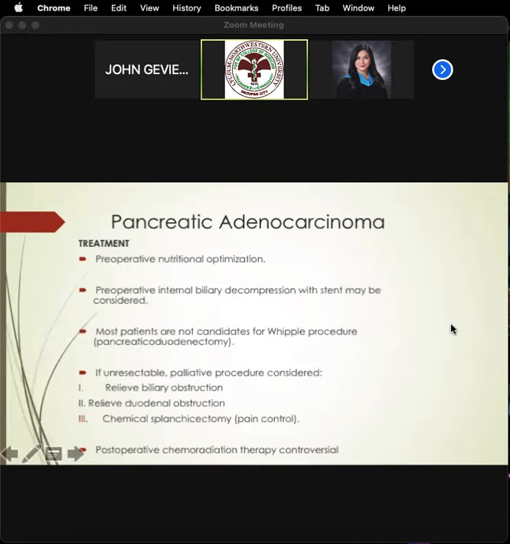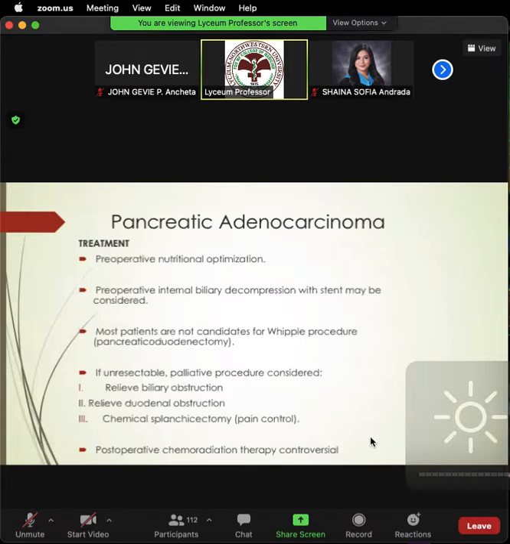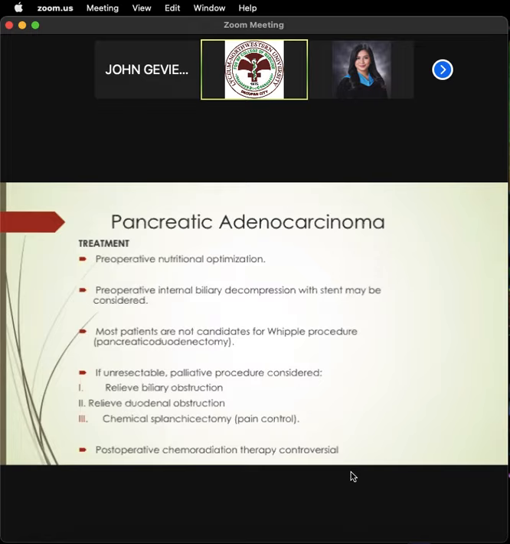So for the treatments, let's go with the treatment. Of course, most of your patients have significant weight loss. That's why we have to do surgical nutrition build up, pre-operatively. Cholangitis rarely occurs in patients with pancreatic adenocarcinoma, so biliary decompression is not a gold standard. It's not routinely done in pancreatic adenocarcinoma.